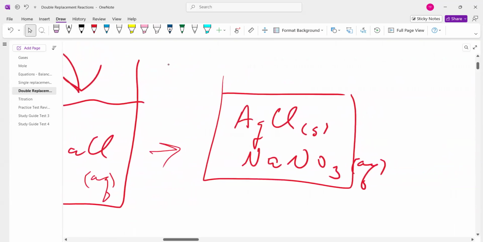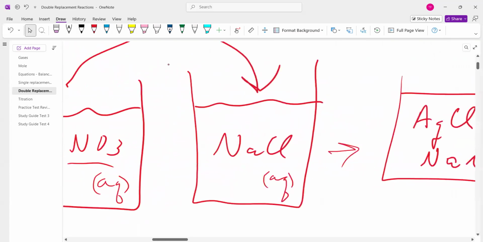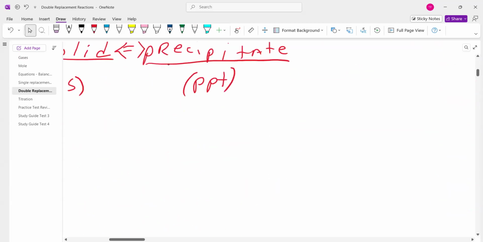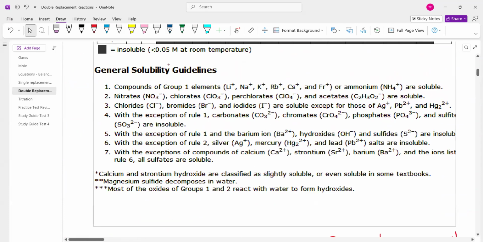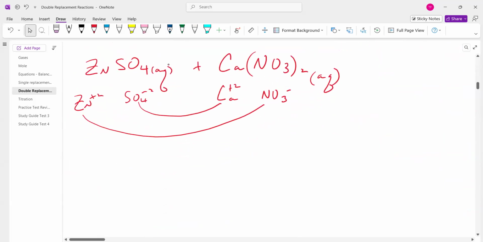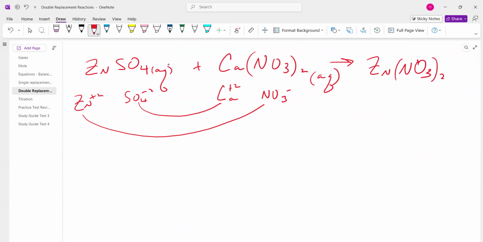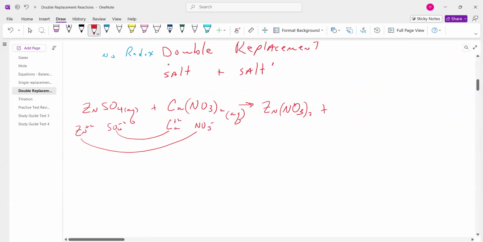Frequently it's white, but not all the time. So we would write this now, like that.